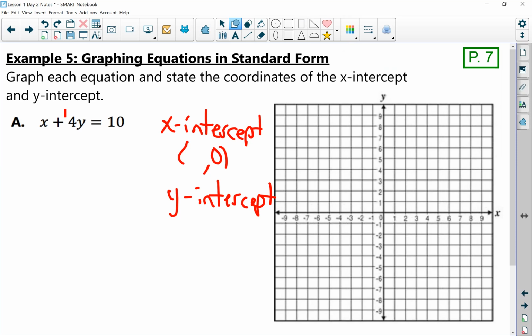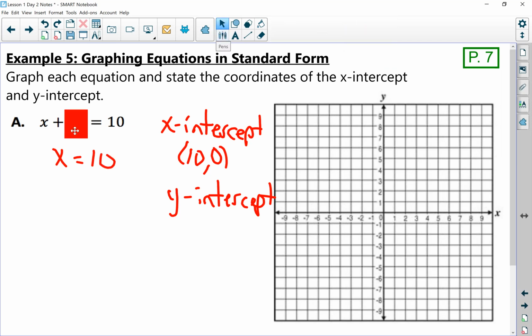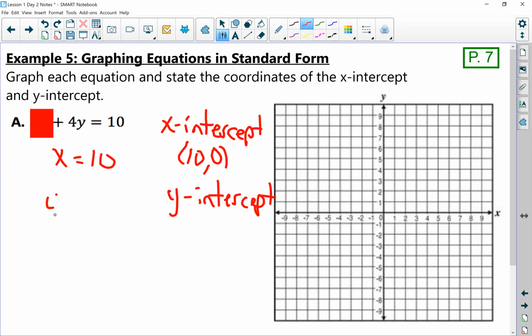So first cover up the y. So I have x equals 10. That was pretty easy. Then to find the y-intercept, I cover up the x. So I get 4y equals 10.